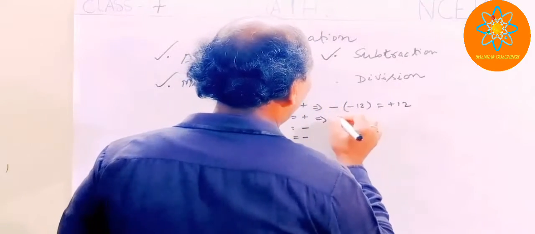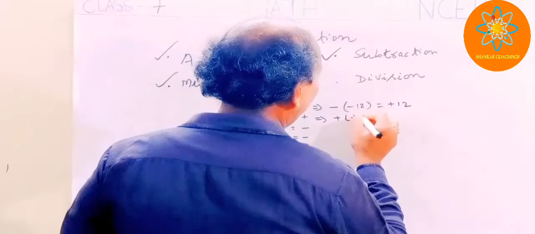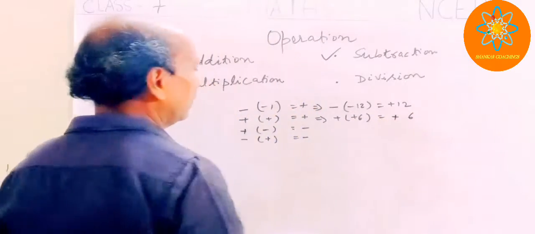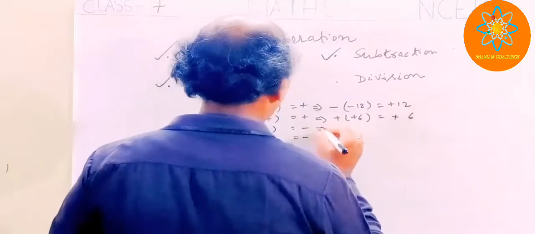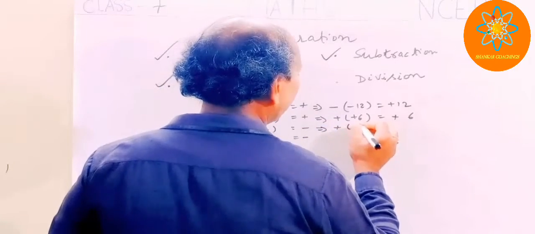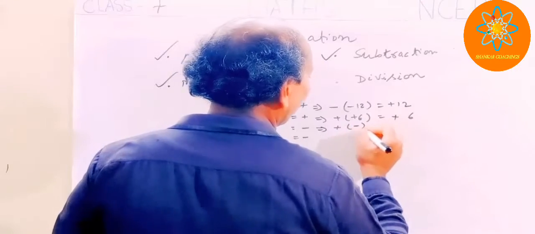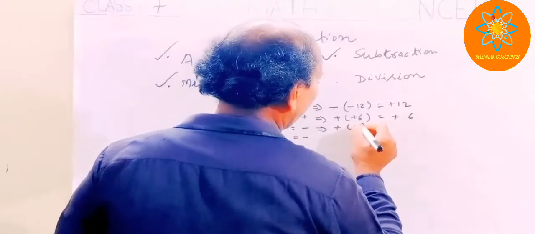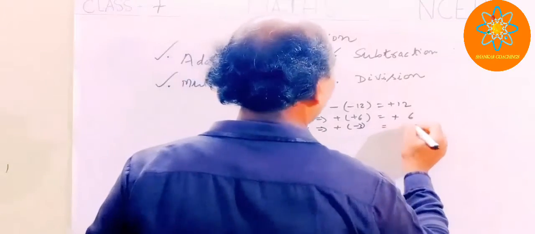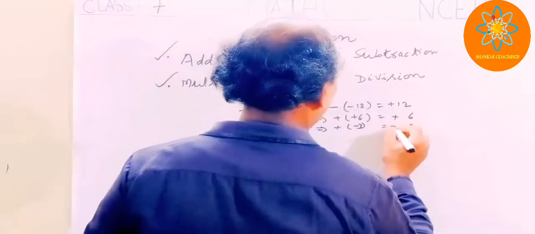Similarly, plus 6 with plus gives 6. Then we have plus and minus, positive and negative: suppose minus 3 is there, so it will be 3 with a negative sign.